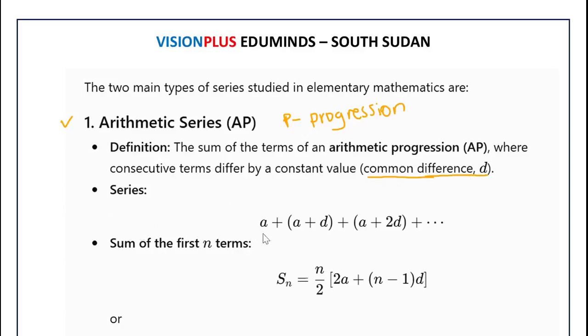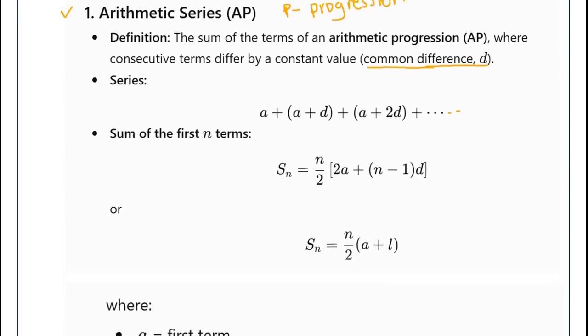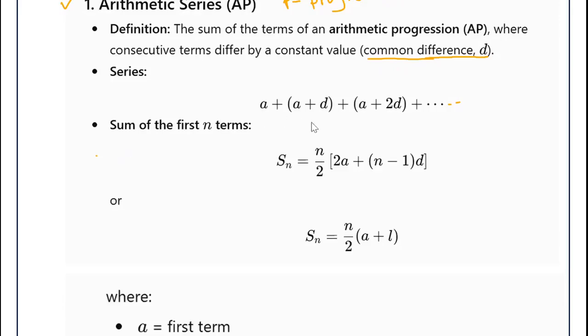And for example, we have a series a plus (a + d) plus (a + 2d), and it continues. You may not be in a position to visualize this right now, and the best explanation comes when I get to the example. So this is just a series.